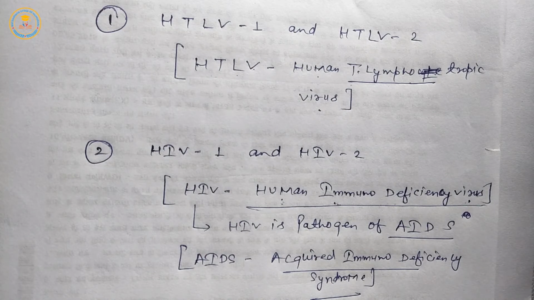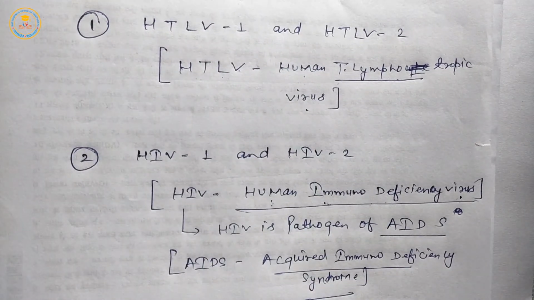So humans get infected with these specific diseases. Once again, humans get infected with specific diseases when there is some carelessness during blood transfusion. So today's topic, precautions of blood transfusion, is completed.